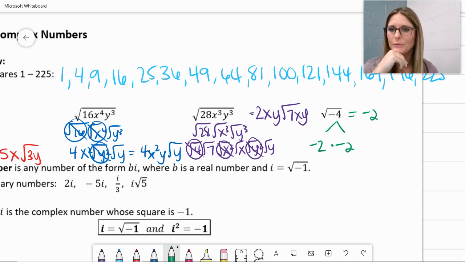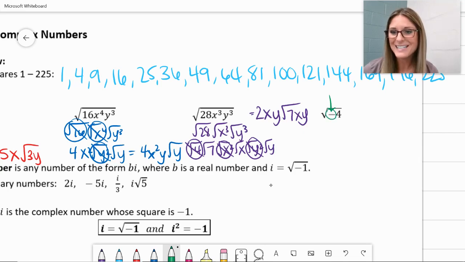What are we going to do? All right, I'll show you. Let me erase this. We are going to use our simplifying radical properties, and I'm going to rewrite it. What's the problem here? The problem is that pesky old negative.